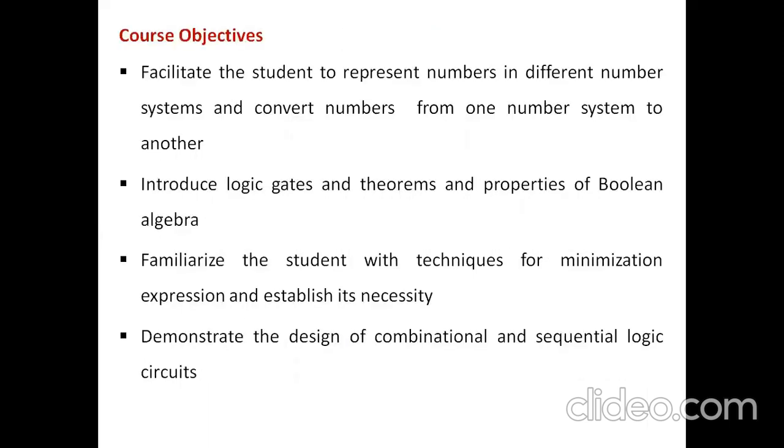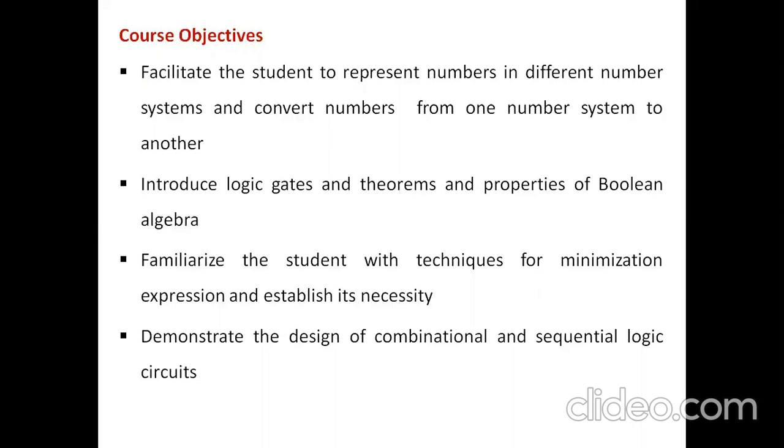The course objectives are that the student is to be facilitated to represent numbers in different number systems, and he should be able to know the conversion of one number system to another. The logic gates, theorems and properties of Boolean algebra including axioms, Boolean laws, etc. are to be introduced.